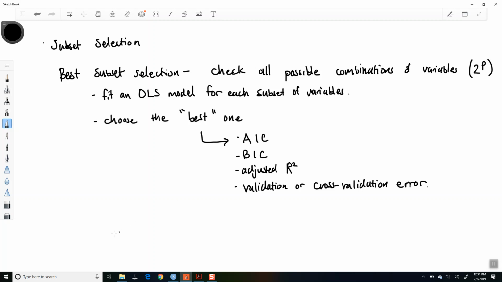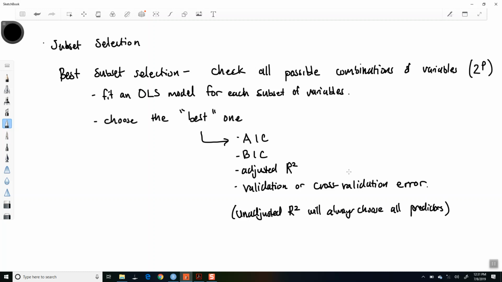So unadjusted R squared will always choose all predictors.